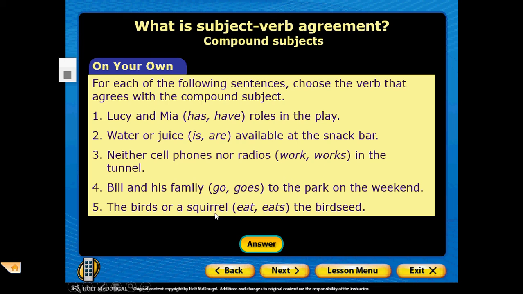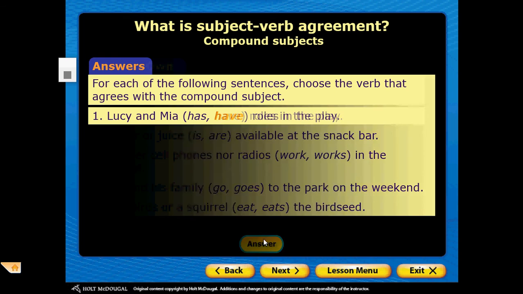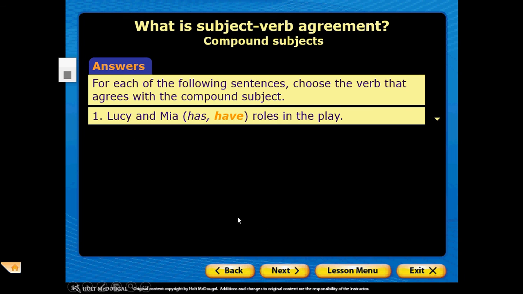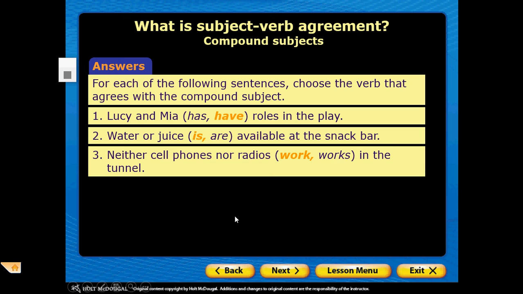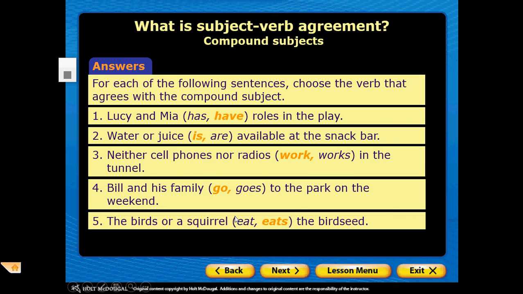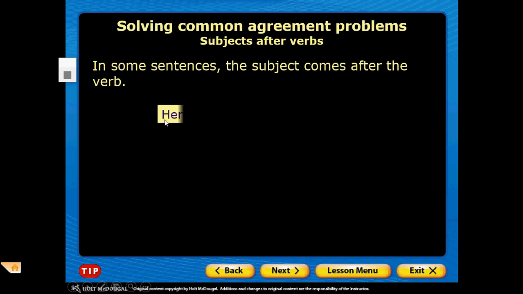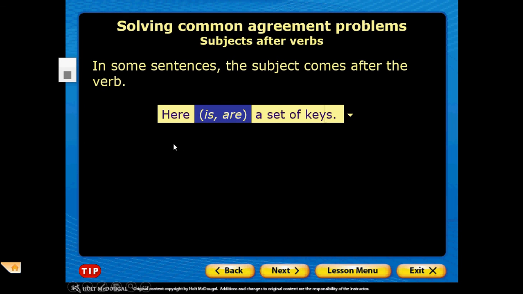So we're going to go for the singular verb, eats. The birds or a squirrel eats the birdseed. Very good, with an S. We're stressing the S here, boys, so that you do not forget that a singular verb takes a singular S. Alright?